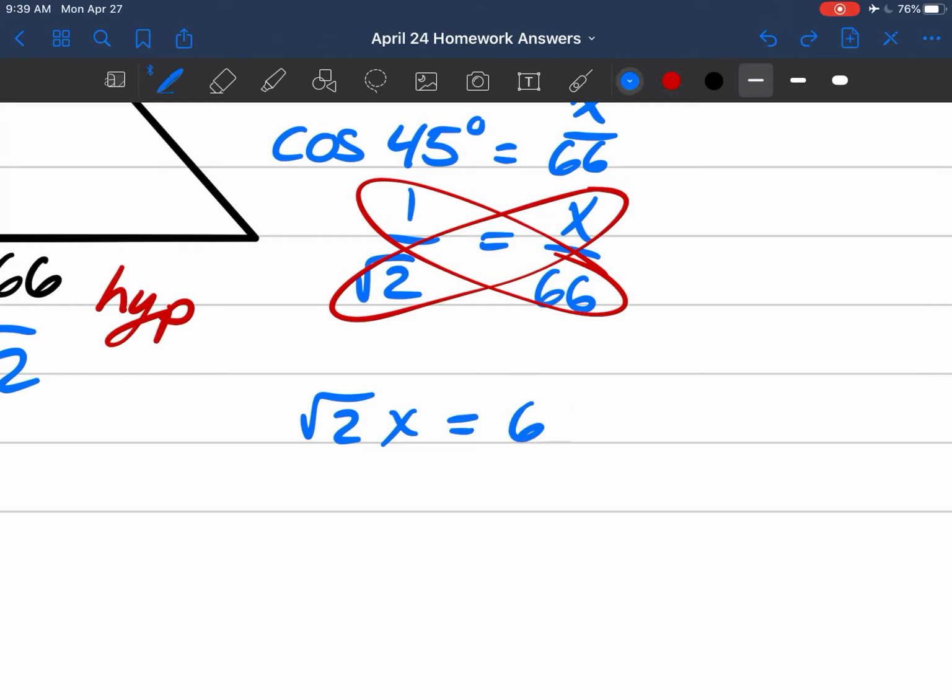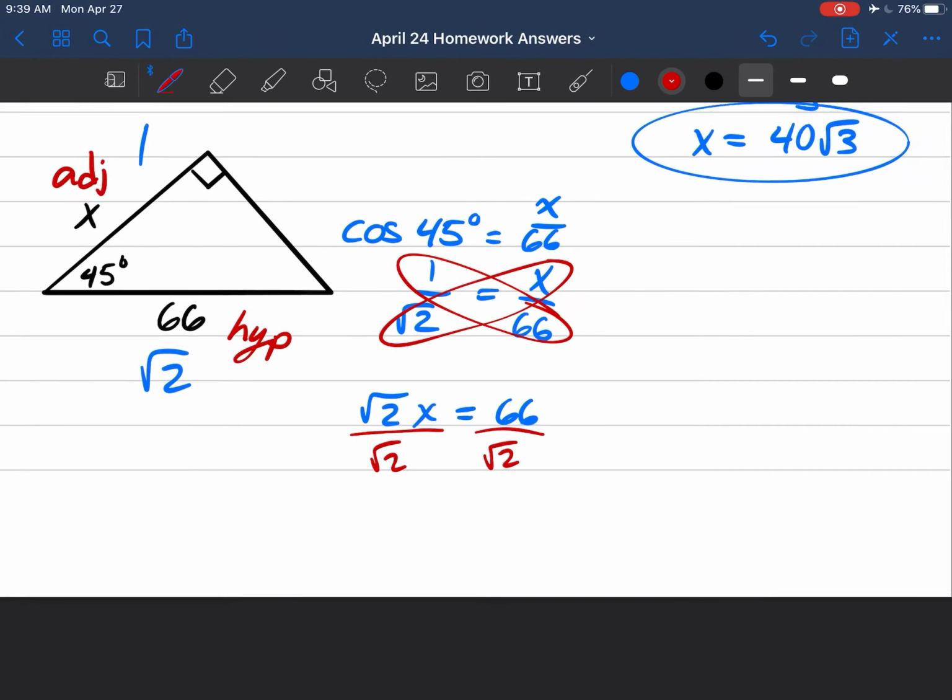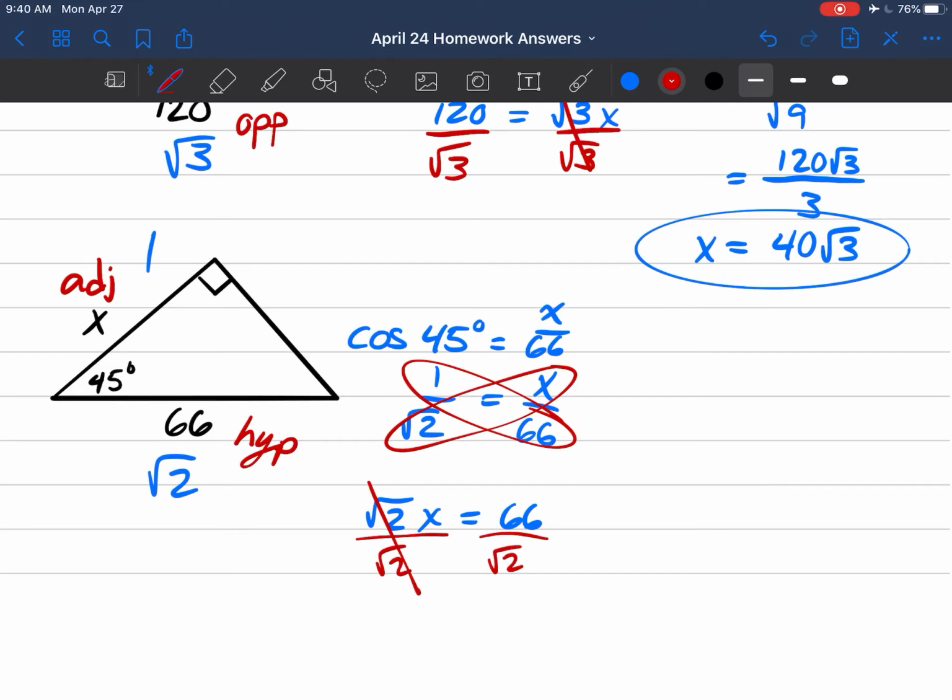And the last step is going to be to divide both sides by square root of 2. And then again, these will cancel because it's the same on the top and bottom. So your answer before you simplify is going to be x equals 66 over the square root of 2.